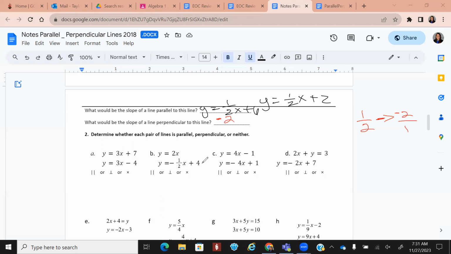All right, so let's go ahead and try to identify whether the lines are parallel, perpendicular, or neither. Parallel is going to be represented by this little symbol right here. Perpendicular is this symbol right here. And then neither is going to be this little X. Looking at these two equations, do they have the same slope, or are they negative reciprocals?